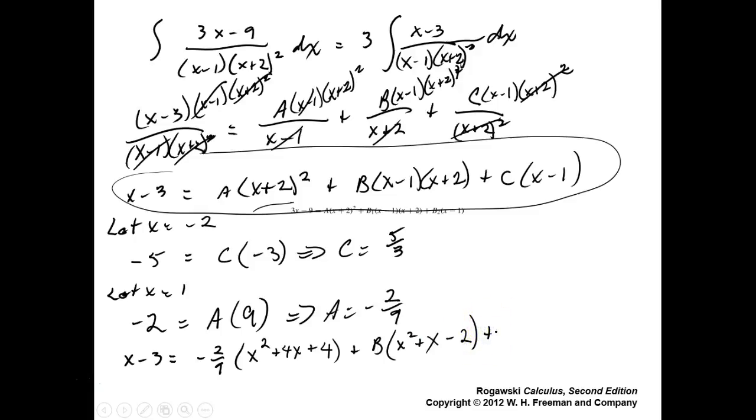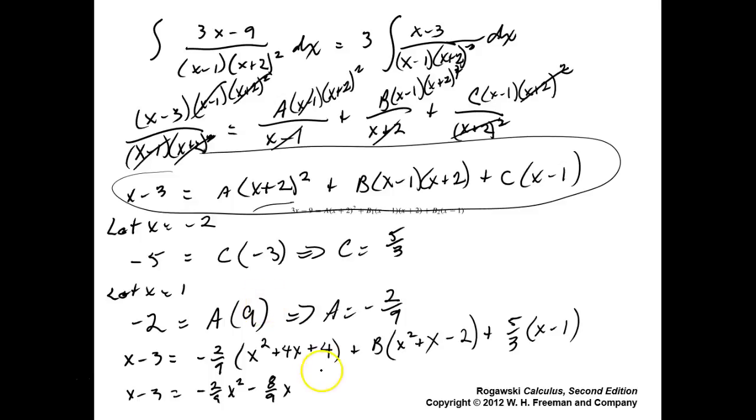Plus, we know what C is, 5/3 times x minus 1. Sort of a big boo hiss here, isn't it? So let's proceed. X minus 3 is equal to negative 2/9 x squared minus 8/9 x minus 8/9, plus Bx squared plus Bx minus 2B plus 5/3 x minus 5/3. Do you agree?